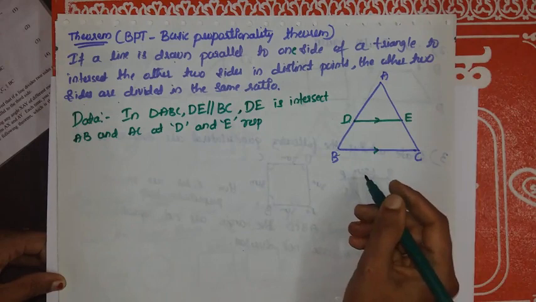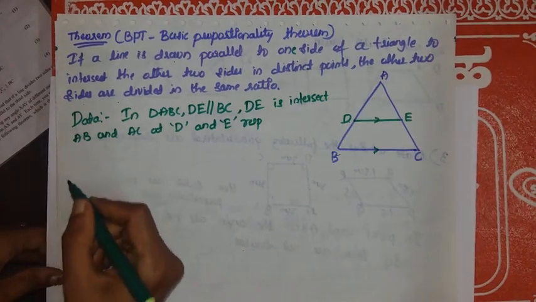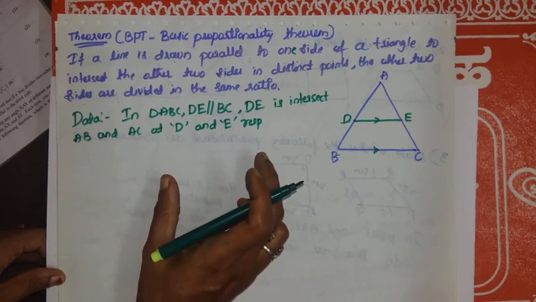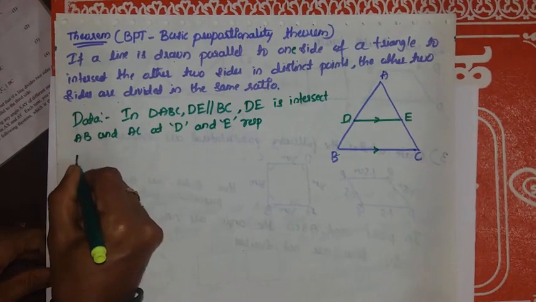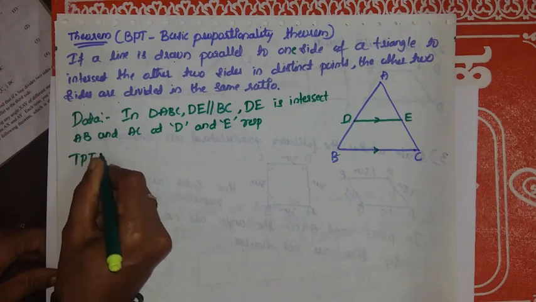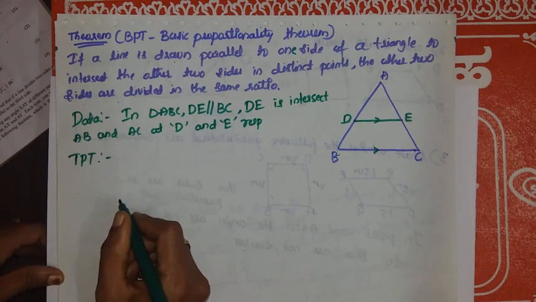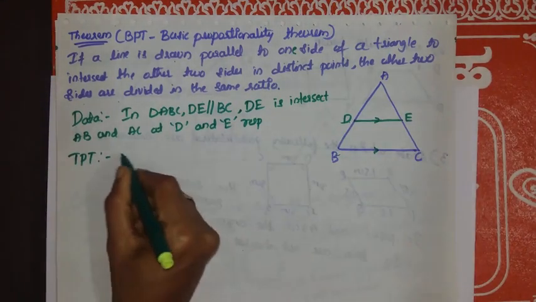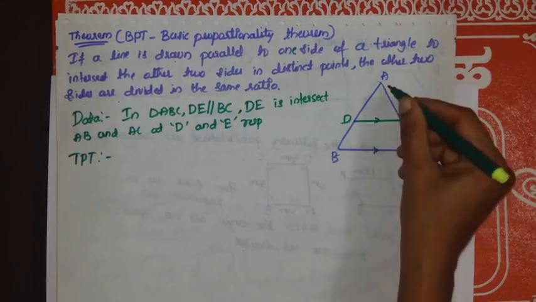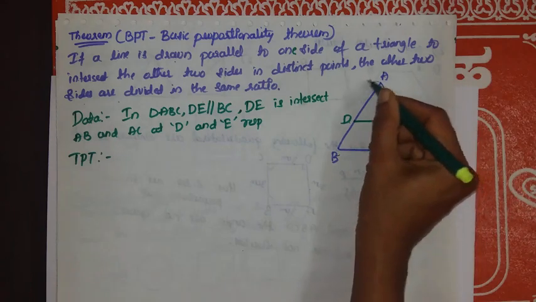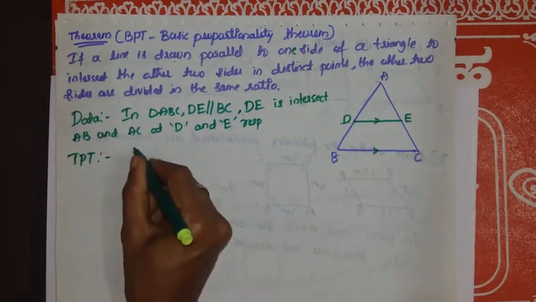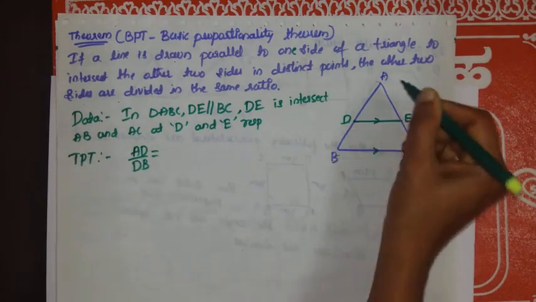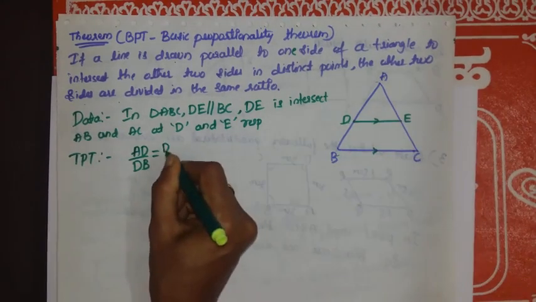Then first we have to write down the proof, that is what we need to prove: the other two sides are divided in the same ratio, that is AD by DB equals AE by EC.